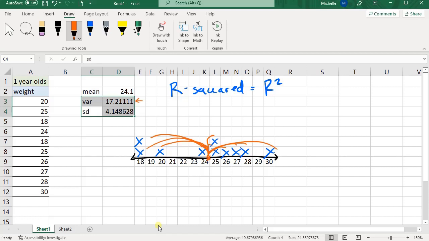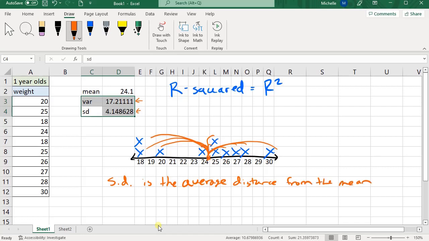Then we take the square root so that we're able to interpret it, which is what standard deviation is. So roughly speaking, and this isn't exactly the right way to interpret this, standard deviation is the average distance from the mean.